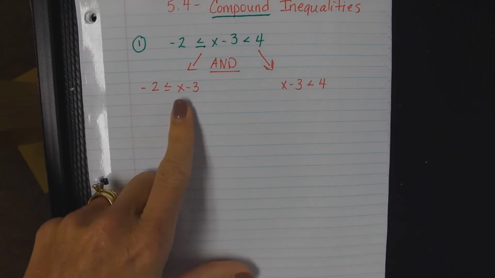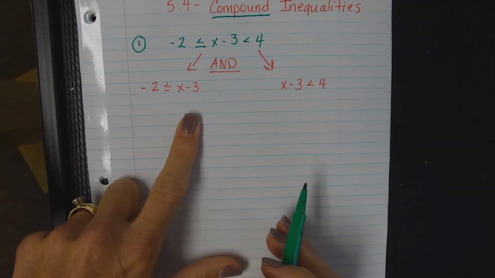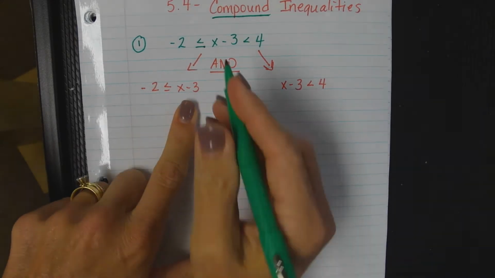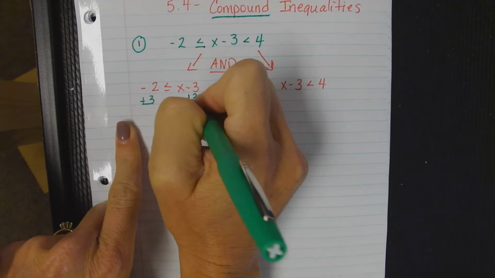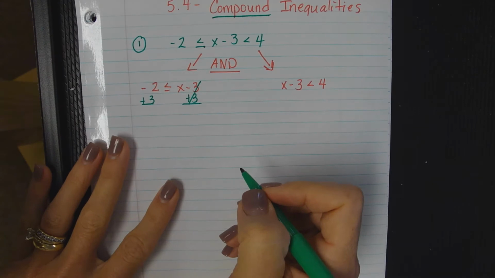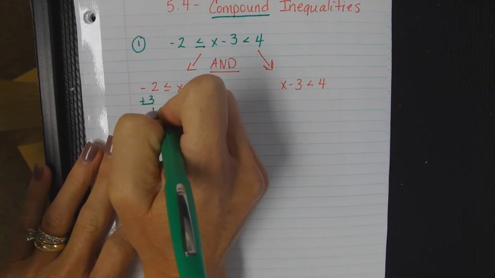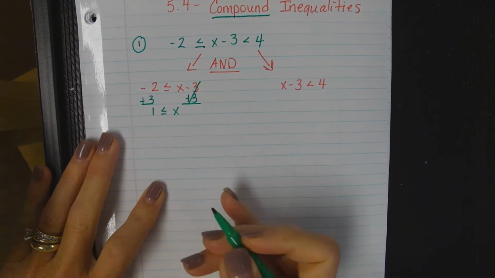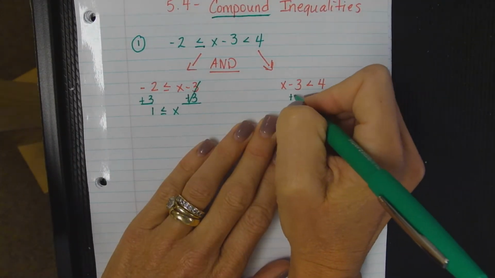All right, so let's solve this one together. This is what we did yesterday and last week, virtual. You want x by itself. You're going to add 3 to both sides. Addison, the sign will change shortly, so just make sure you follow. I'll give you a heads up. So -2 plus 3 is +1 less than or equal to x. Solve this one over here.